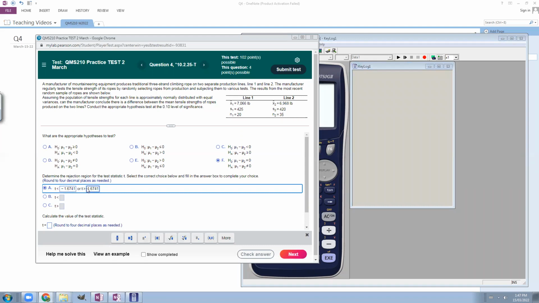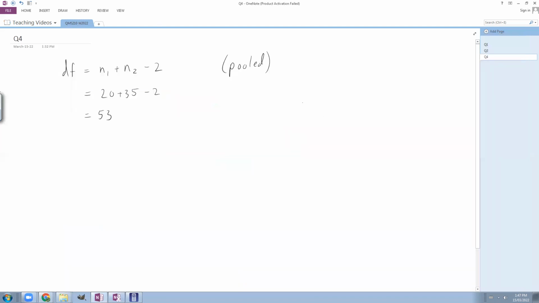That's fine. All right, so just to draw the picture of what's going on here, here's our distribution. We have 2 tails. Up here, this area is 0.05, and this area is also 0.05.